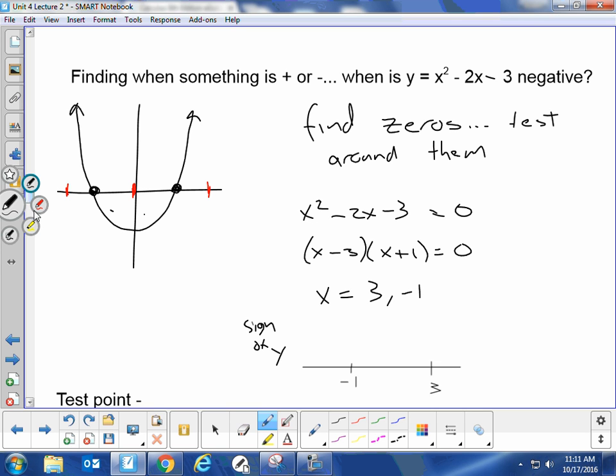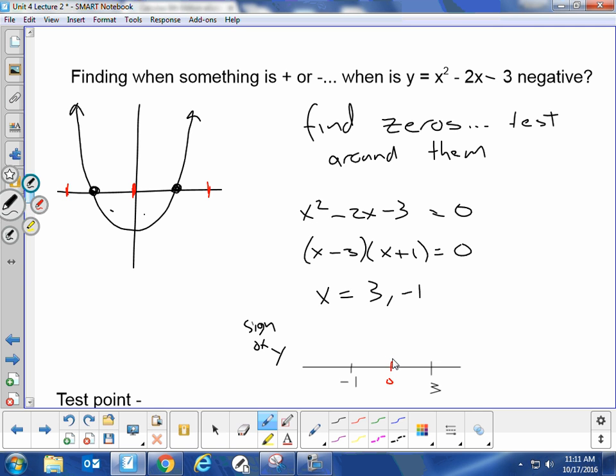Okay? All I need to know is what's going on at 0. 0 is between -1 and 3. I guess this is -1, this is 3. If I plugged in 0 into my original function, I would get a negative value, -3.